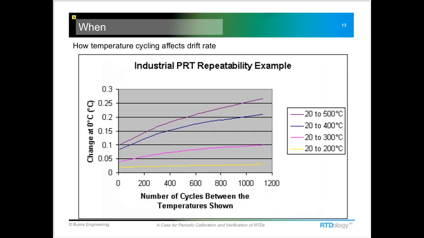Maybe a realistic number might be like 200 cycles, and this might be over, well, let's say 6 months time. And we're up here, 0.15 degrees C roughly. Some processes, that might be a big deal. Some, maybe not at all. But it is another variable that comes into play.